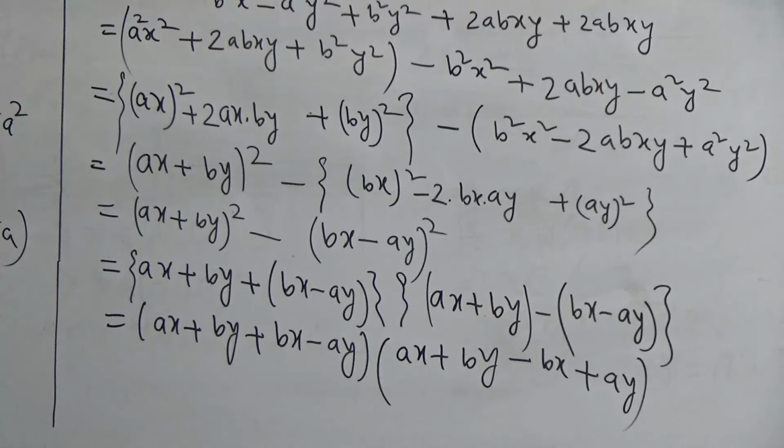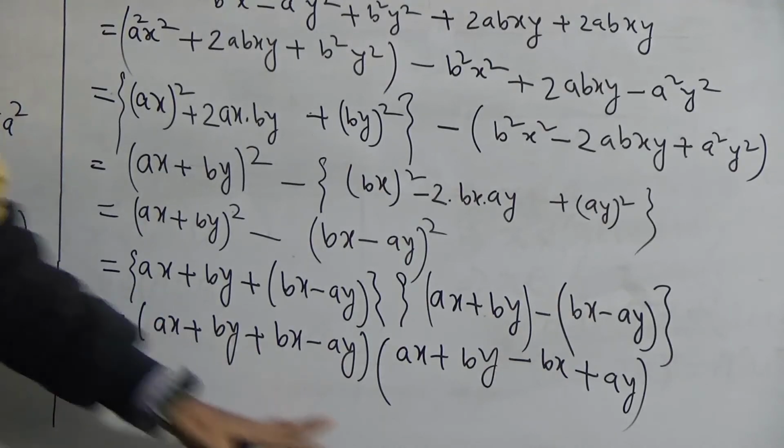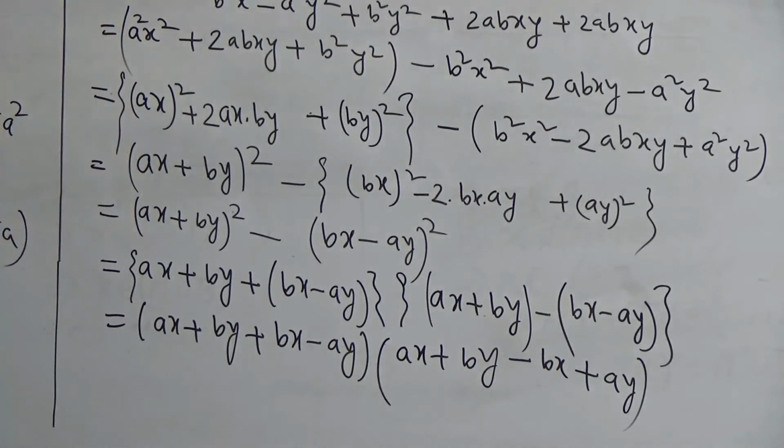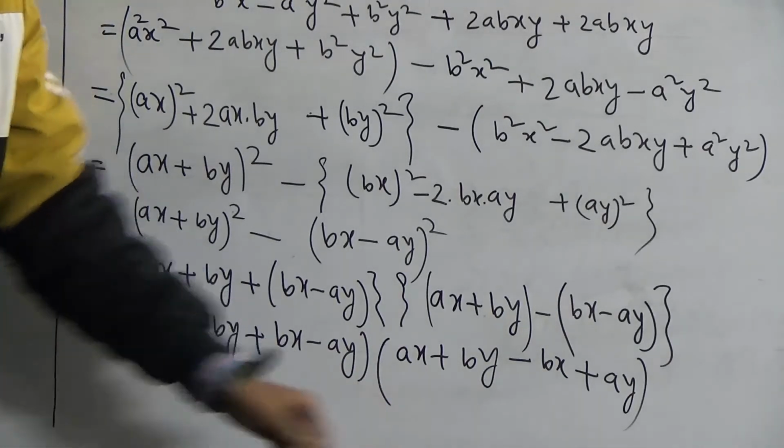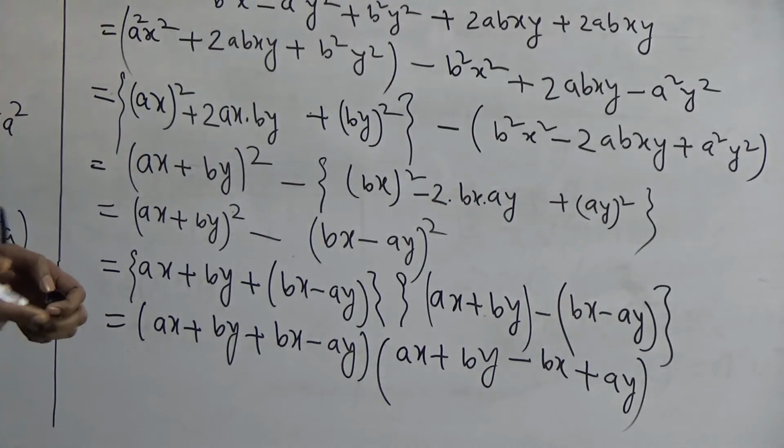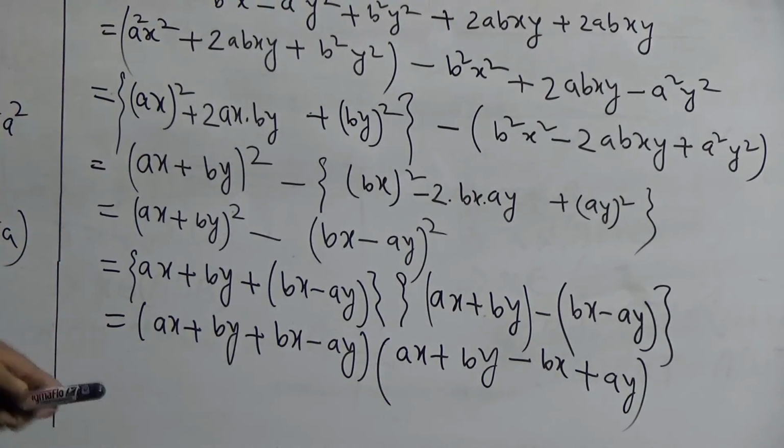Okay student, now see this factor and this factor as a product form, so we can say this is our required factor, or required result into factors. Okay student, look, question number 5 is very important for your exam, and this is very important.